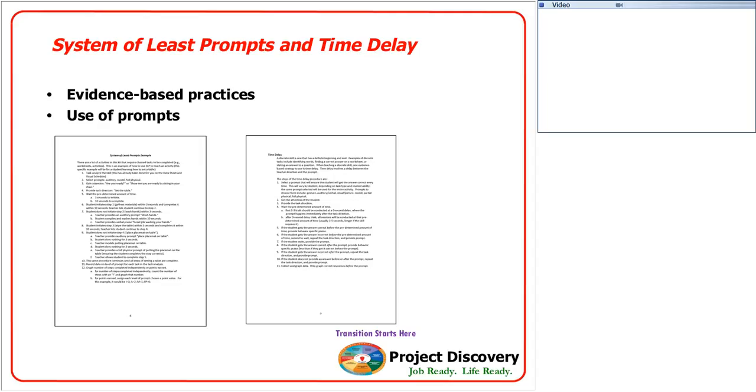We suggested maybe an auditory prompt where you tell them what to do, and then maybe a model prompt, and then a full physical prompt. It depends on the population you're working with as to which prompts you use. You might use a visual prompt. You might not do model. If your students are just going to model back what you do, it may not work for them.